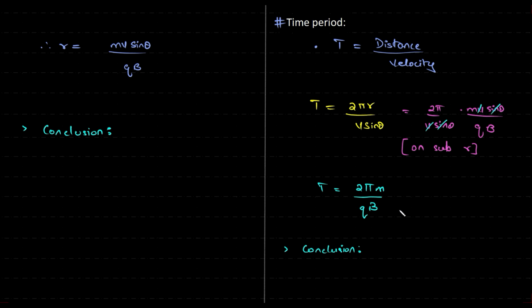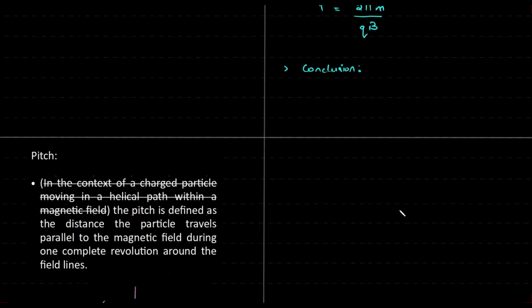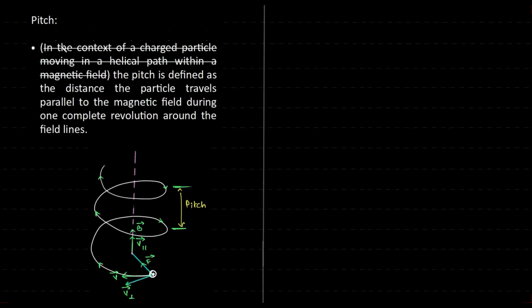Agree? And finally, what do we have? Pitch. The pitch definition, in the context of the helical path taken by the moving particle in a magnetic field: pitch is defined as the distance the particle travels parallel to the magnetic field. So that's your parallel line.